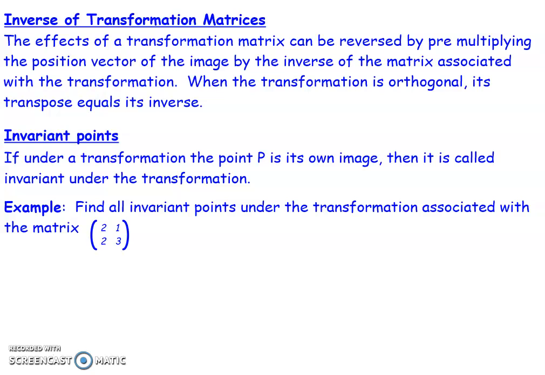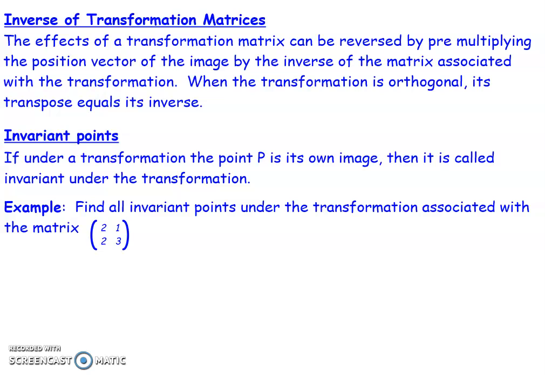It's kind of like adding to then subtract, or multiplying to then divide. You're reversing the process and getting rid of whatever you did to it. Now when the transformation is orthogonal, its transpose is equal to its inverse.